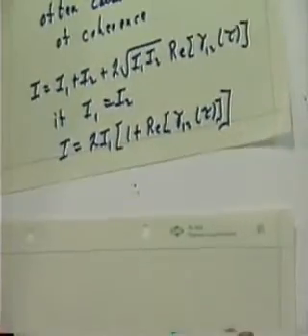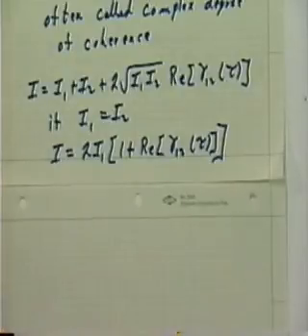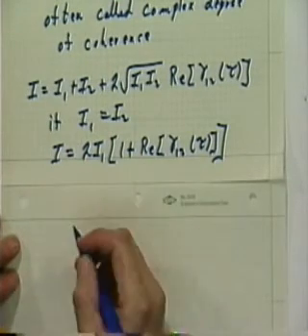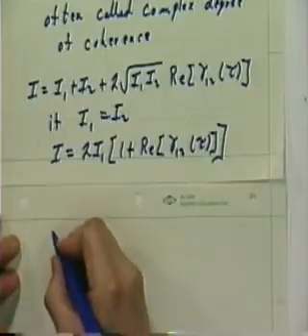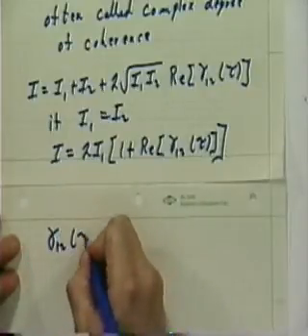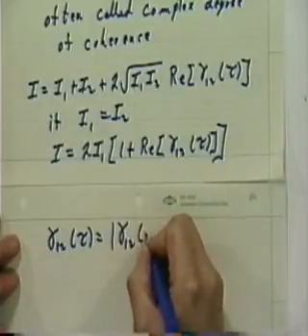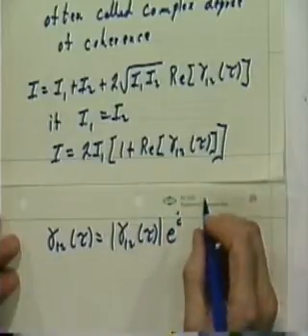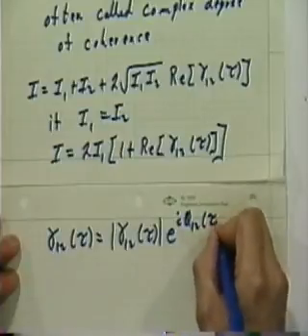Well, if we think here for a second, our goal is going to be to determine gamma 1/2 of tau. And right now, what do we know about gamma 1/2 of tau? We simply know that it's a complex number. So I can rewrite this as a magnitude, gamma 1/2 of tau, times e to the i phase 1/2 of tau.